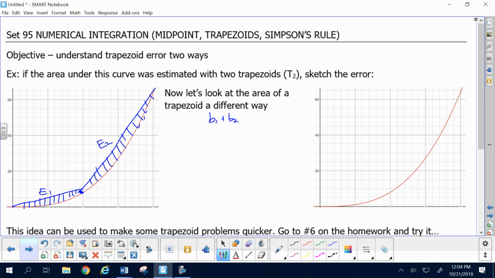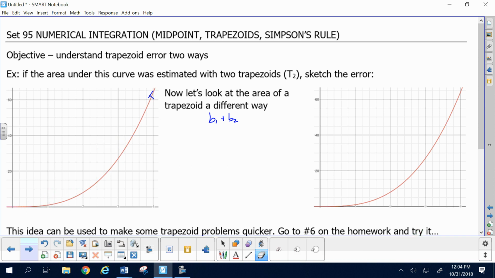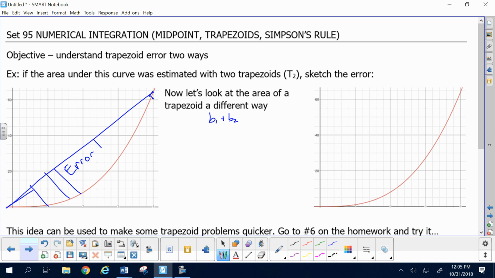Sorry to make you mad, but can you dump this? I don't know why I did two. Can you do one trapezoid, please? I'm sorry. It's all good. There's no point in doing two. I can do the same.